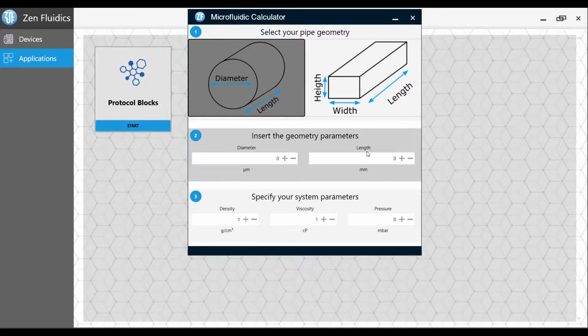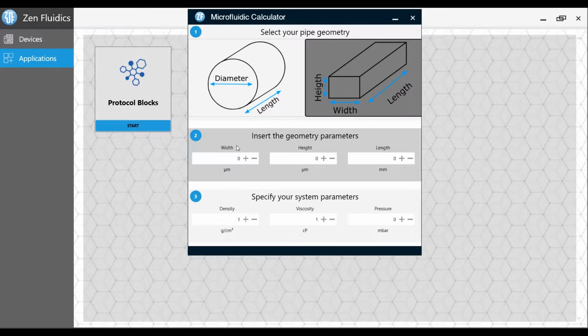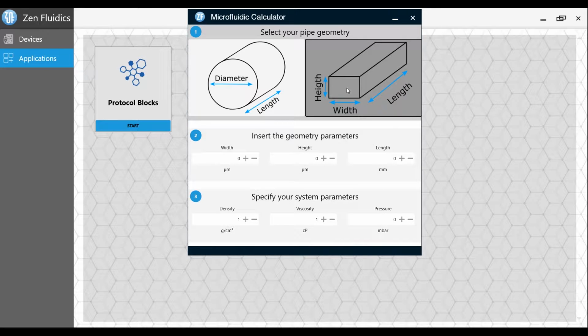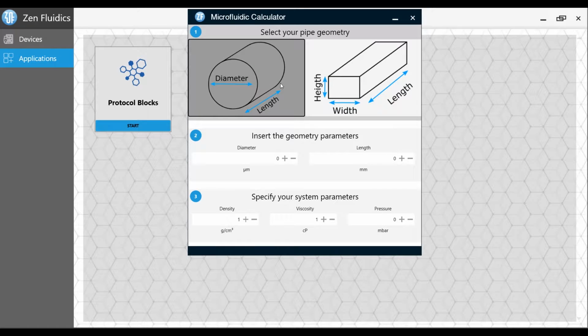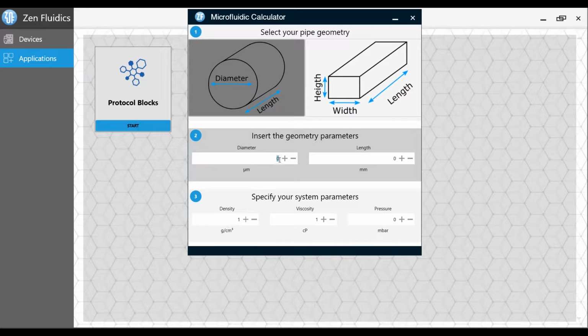In case we have a circular geometry, we have characteristics such as diameter and tube length. In the case of a square geometry, we have width, height, and length of the tube. For this example, we will be using circular geometry. Then, we write the diameter of the tube in micrometers and the length in millimeters.